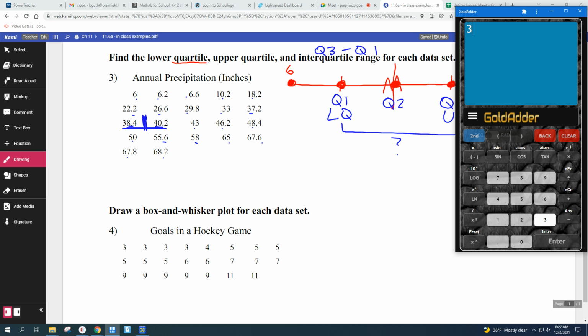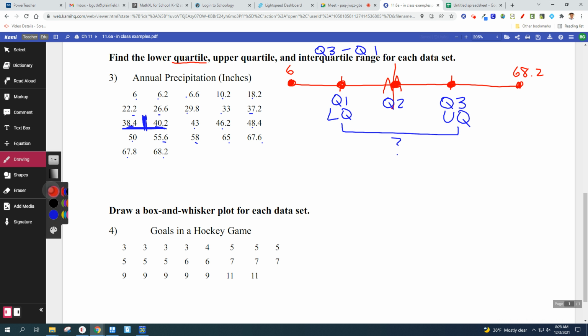So 38.4 plus 40.2 and divide by 2, 39.3 is the middle of all of those numbers. So they didn't ask me for the median, but the median is 39.3, okay?